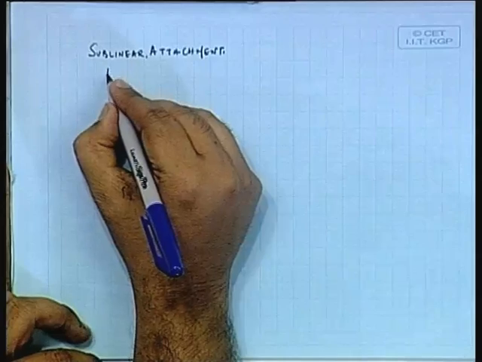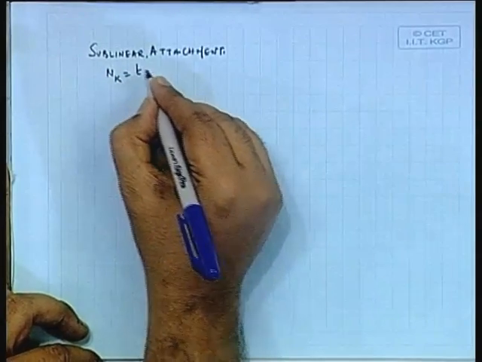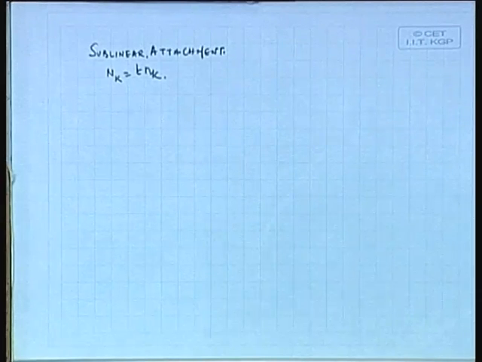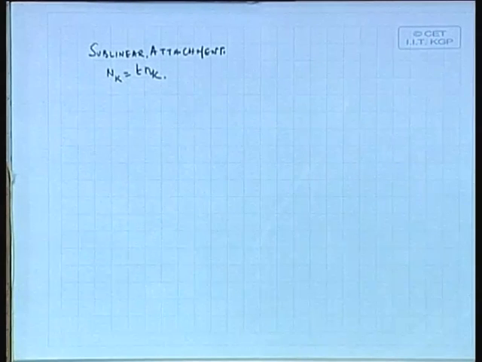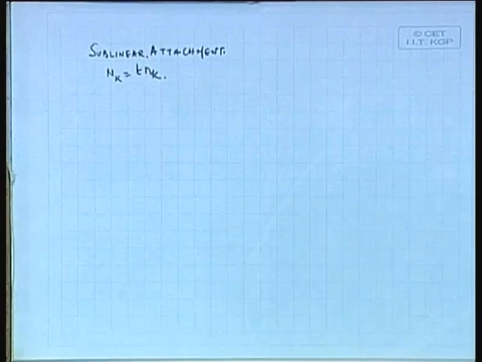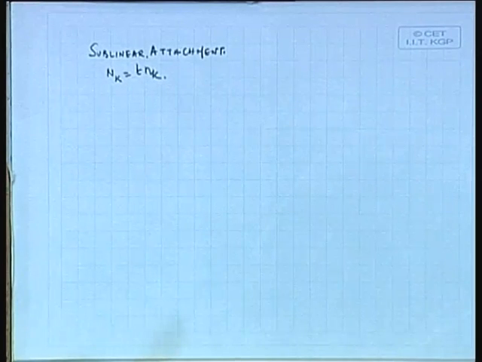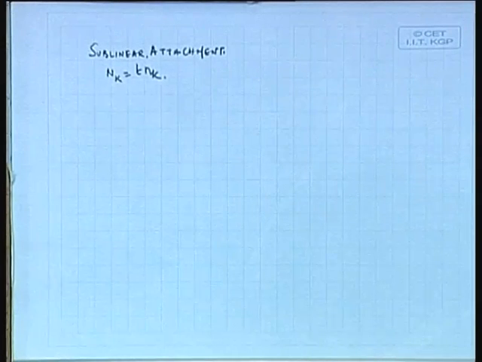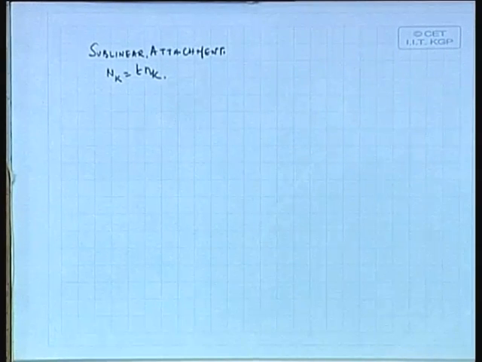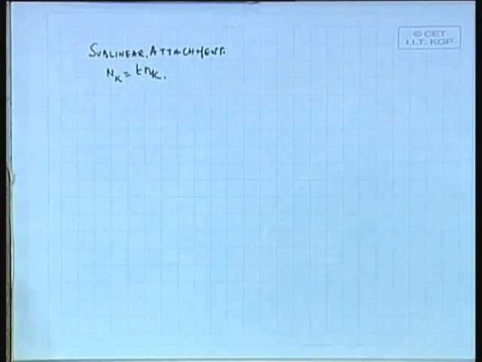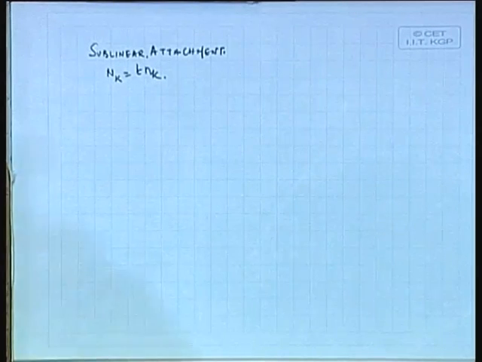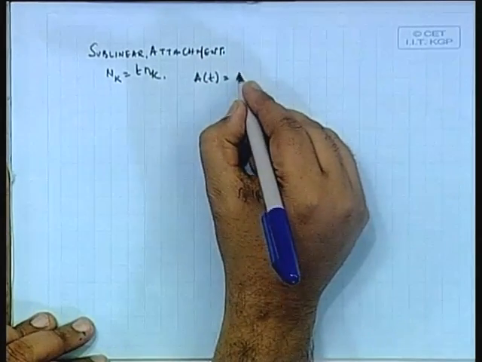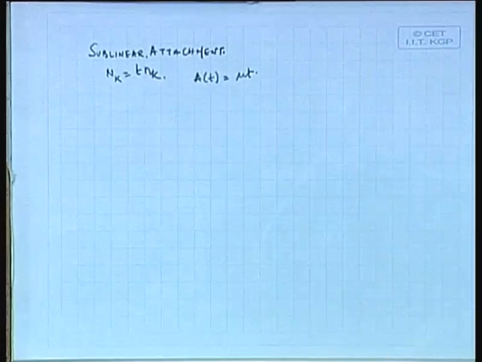One is nk still scales with t, it's still proportional to t. If it's a superlinear attachment, some nodes will get huge degree, so it will not scale with t. But for sublinear, we think that it's still proportional to t, and instead of 2t, it will be mu t.